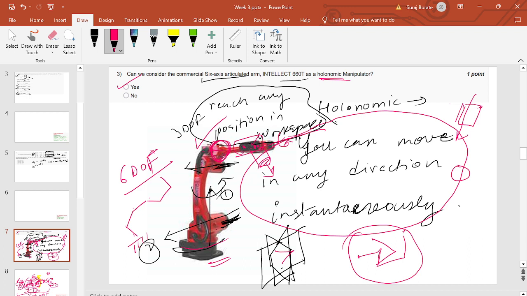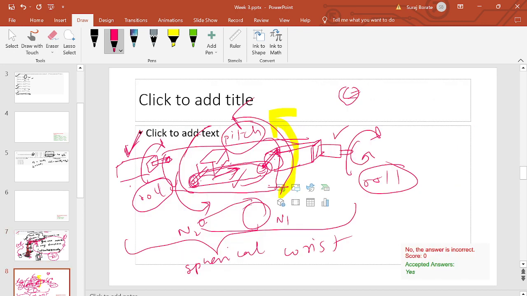But also you make sure that your high duty motors are near the base, because if they are at the end of the manipulator, there is a lot of torque requirement to lift it up, right? You can lift a bucket like this, but cannot lift a bucket with your arm extended, correct? So that is the logic.